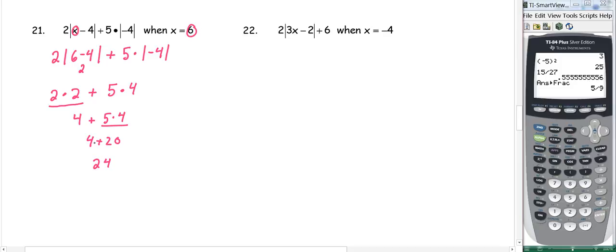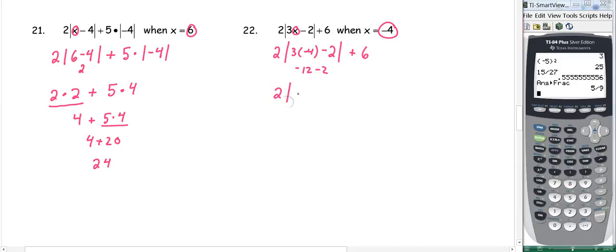22, 2 times the absolute value of 3x minus 2, plus 6. So we're going to substitute negative 4 in for x. 2 times the absolute value of 3 times negative 4 minus 2, plus 6. So 3 times negative 4 is negative 12. Minus 2 is negative 14.